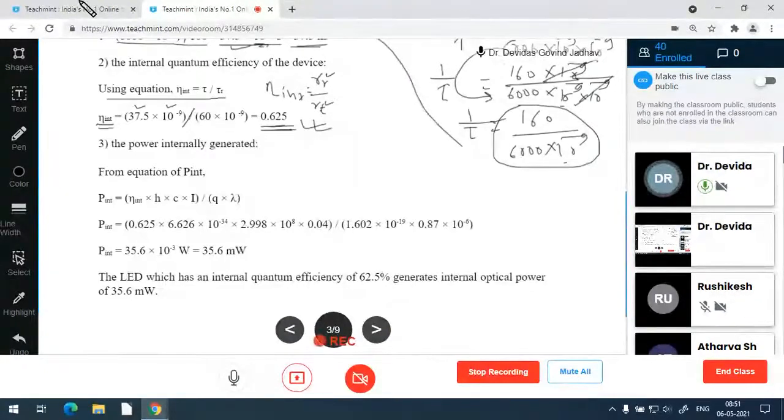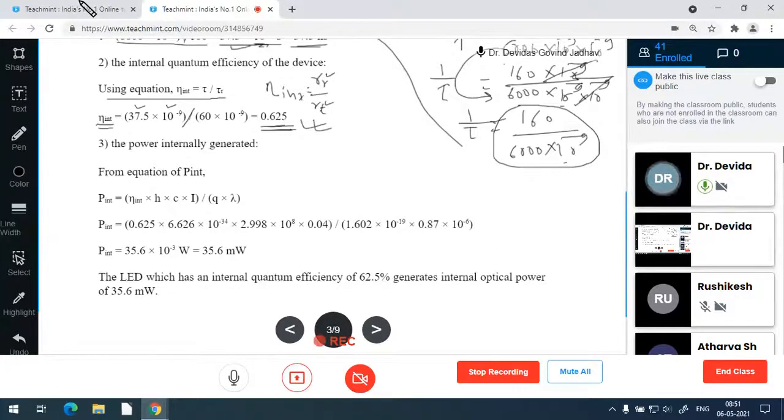Why is it not having any unit? Because efficiency is the ratio of same terms, second divided by second. Second cancels. Units cancel. So eta internal, the internal quantum efficiency, is 0.625.